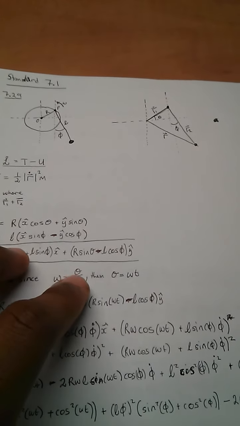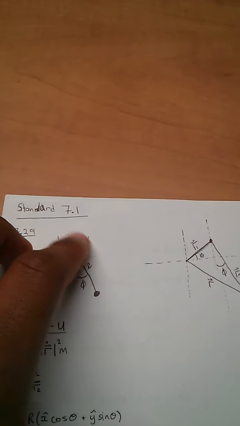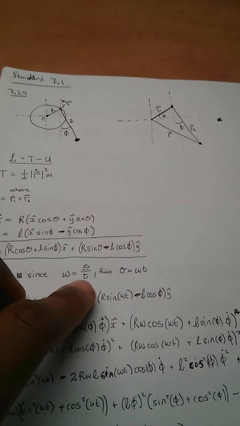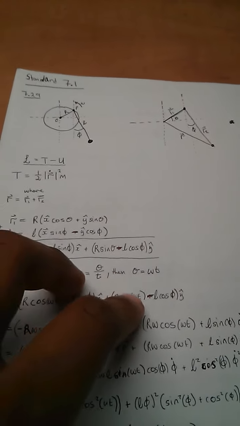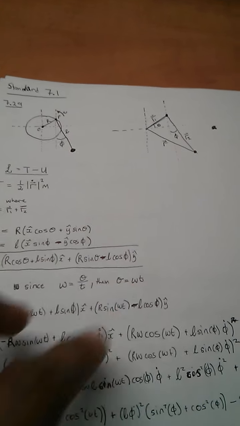Then what I realize is that the angular velocity can be rewritten as angle over time, and then I can just rearrange the equation to give me that the angle is equal to wt.